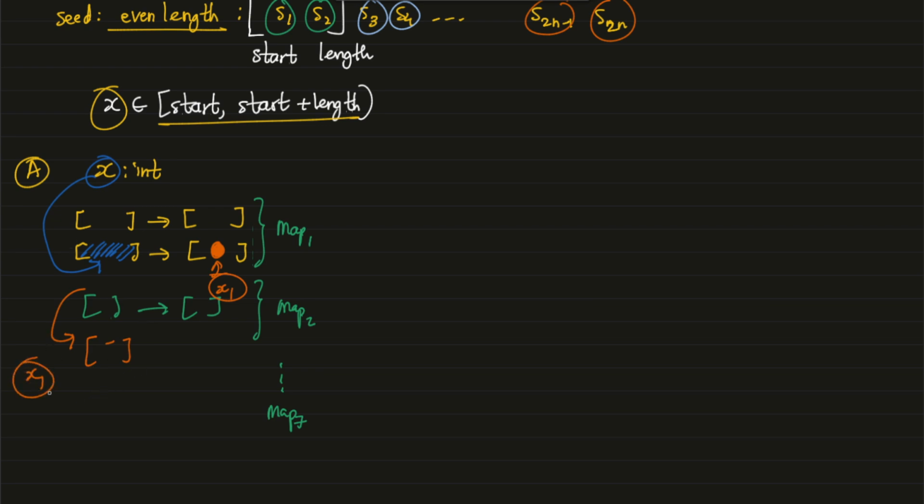So this was our algorithm for part A. Now for part B, instead of x being an integer, x is a range. So the seed values, as you saw, this is the range for x for a particular pair in this sequence. Now x is some range.